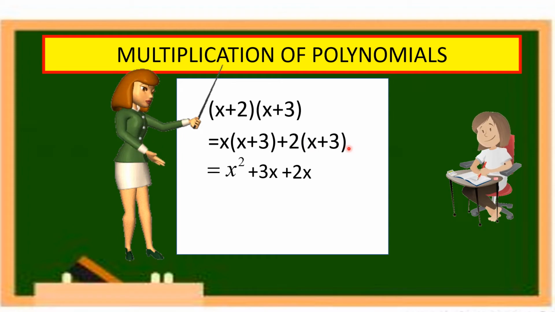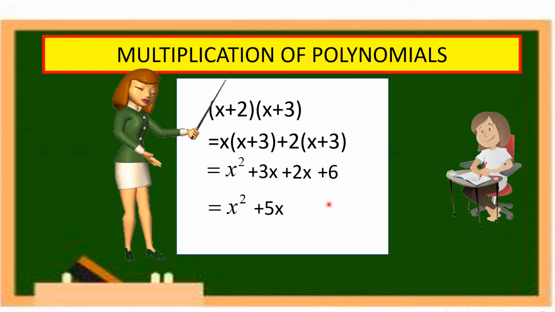And 2 times 3 is 6. So we can combine 3x plus 2x. Just bring down x squared. Then add 3 plus 2, that is 5x. Then bring down 6. So our answer for the quantity of x plus 2 times the quantity of x plus 3 is x squared plus 5x plus 6.